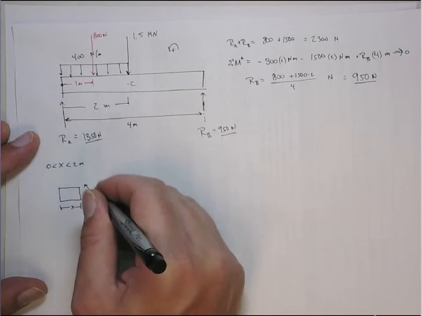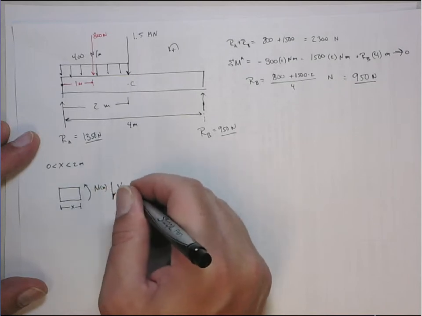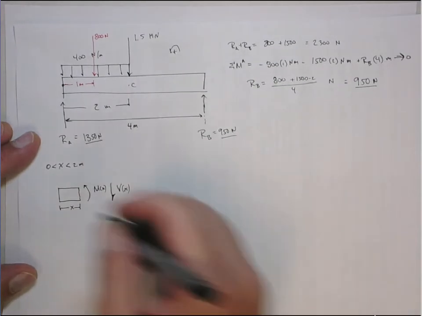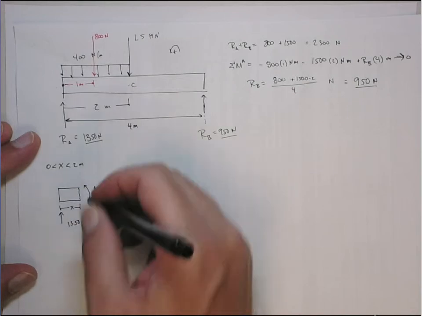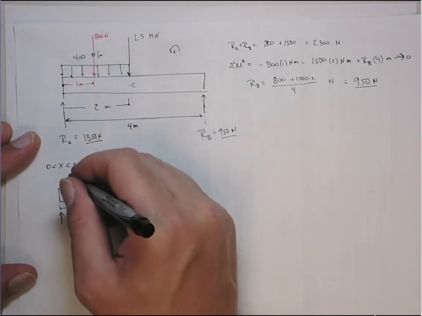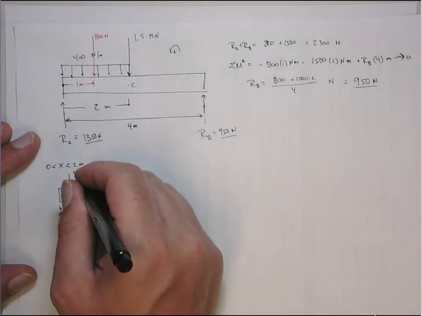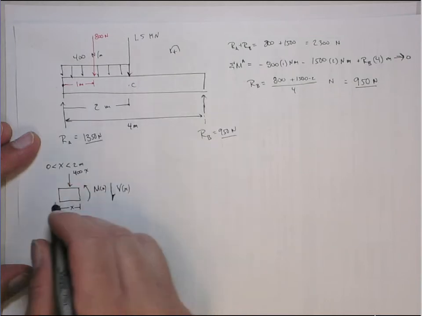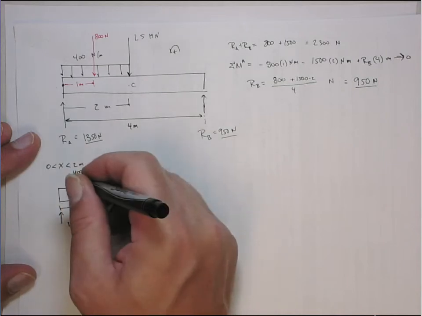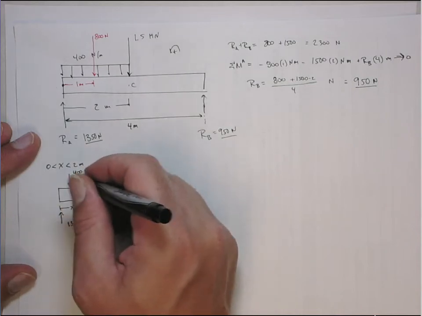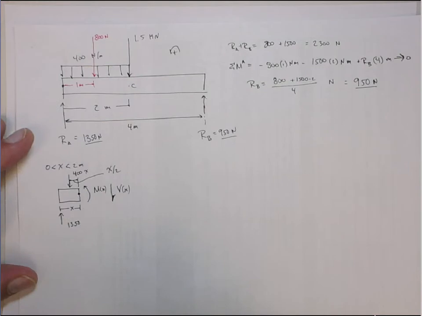Here is the positive sense for the bending moment, which I actually don't care about, and that's the positive sense for the shear. We have upwards 1,350, and then we just have the downward effect of the distributed load. So it's going to have a value of 400 times x, right? Because it's 400 newtons per meter over x meters. And this distance here is going to be x over 2. That's the moment arm.